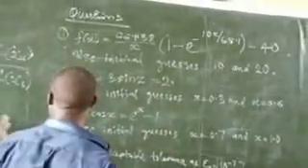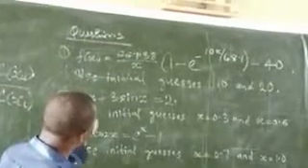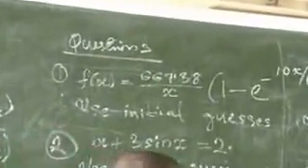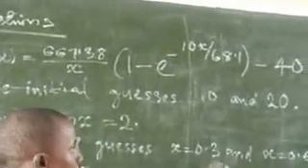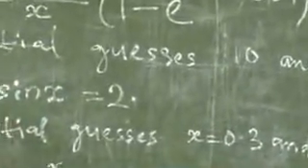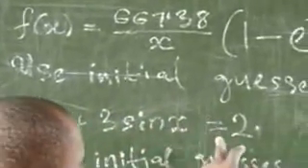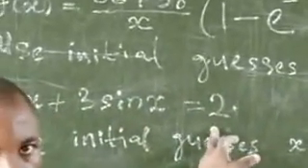Let's use XL, for example. If I want to get f of XL, in this case, wherever you see x, you place 0.3, because XL here is 0.3. You say 0.3 plus 3 sine 0.3 equals 2.